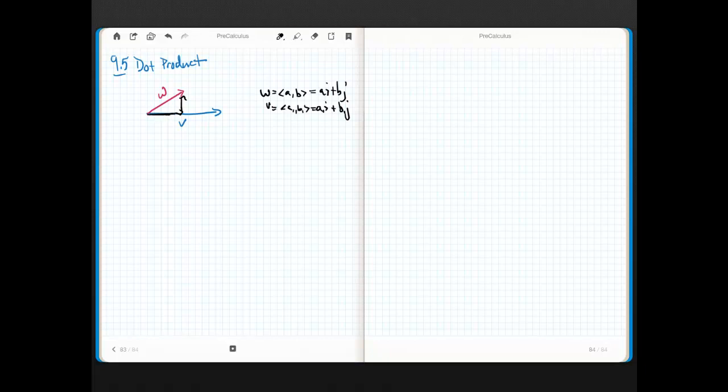I take the product of the magnitude of the horizontal component of w, if I'm going to go w dot v, and the magnitude of v, and I multiply those two values together. Then I get w dot v. This is a dot. It's not times, but it's sort of the vector equivalent of multiplying.